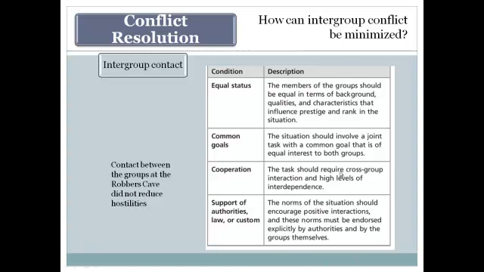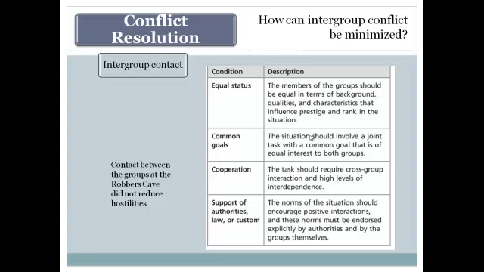Having common goals is an important thing that can help reduce conflict. So if the groups that are meeting have common goals for both groups, then that should work. For example, in the Robbers Cave study, they had to pull a truck out of the mud, and they needed both groups of boys to do it. So that was an example. And so again, having cooperation, that's really the better example of cooperation.